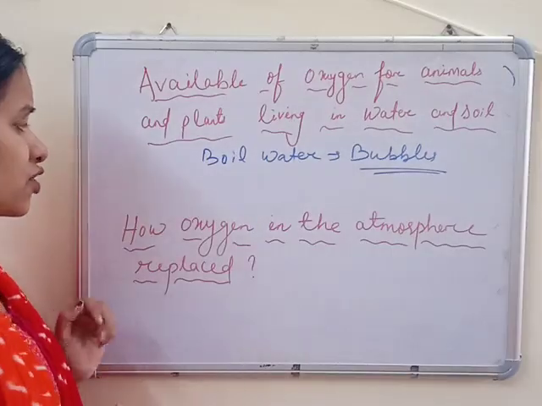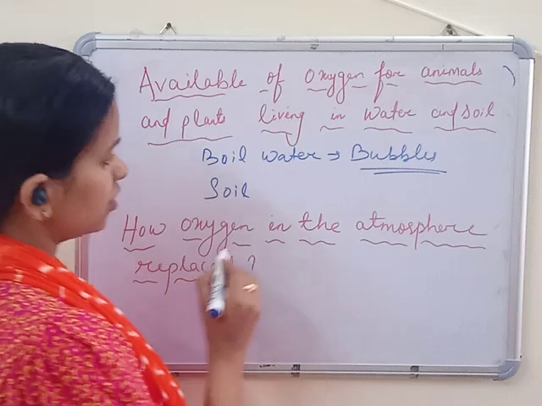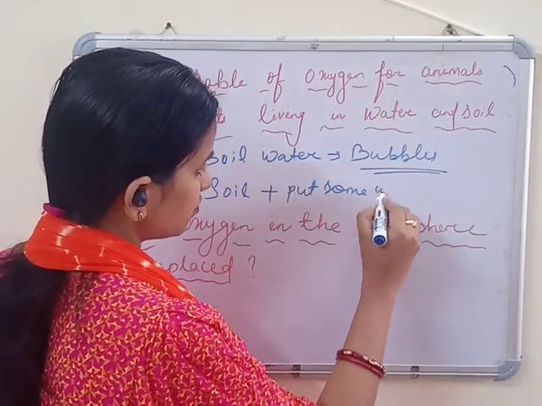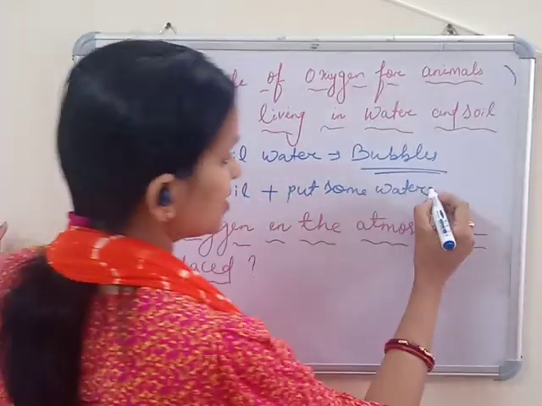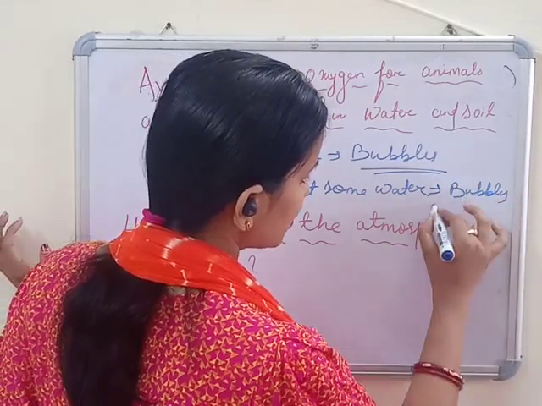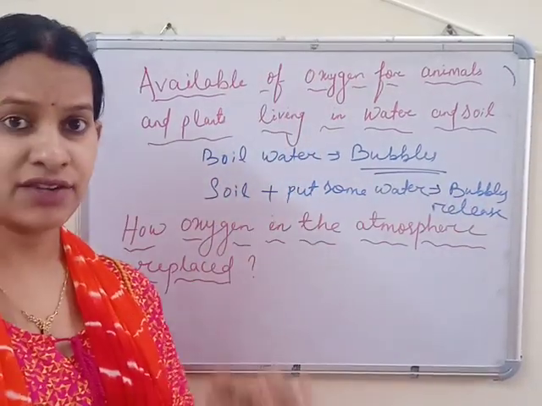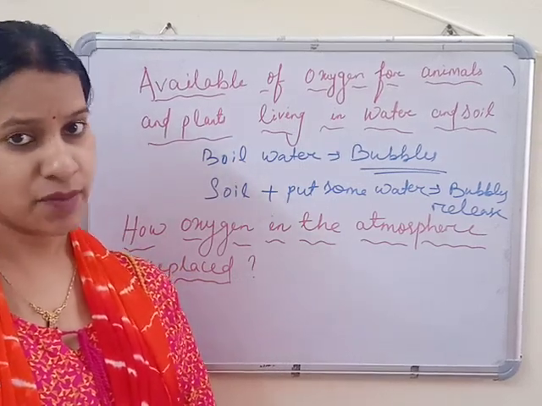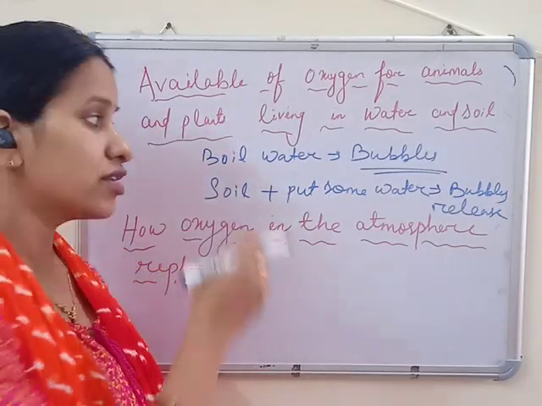And soil: take some soil in a container and put some water in the soil. You'll see some bubbles coming. These bubbles are nothing but the air trapped inside the soil, and that trapped air is taken by the roots of the plants, and those organisms living inside the soil also take this air.